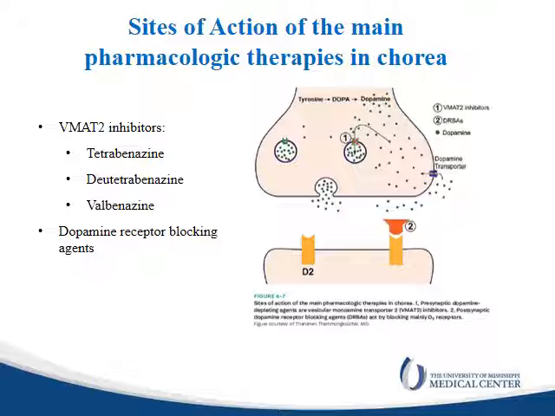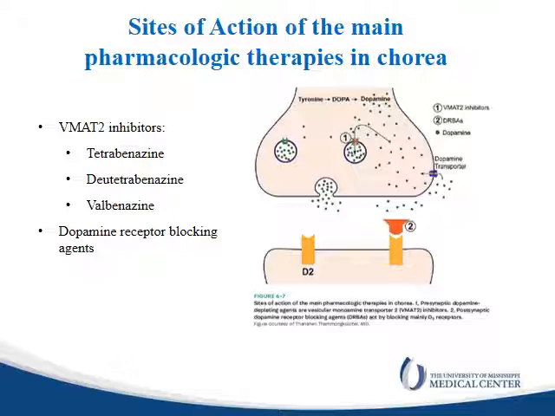Think about if you have a VMAT2 inhibitor and you inhibit the packaging of dopamine into the vesicles; then you reduce the amount of dopamine being released to the synapse. We believe that high dopaminergic function plays a role in the chorea symptoms of HD.